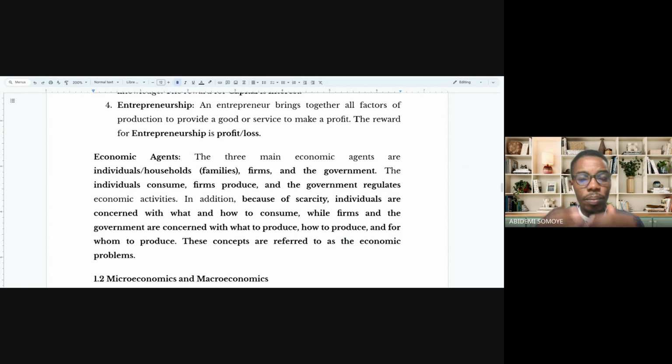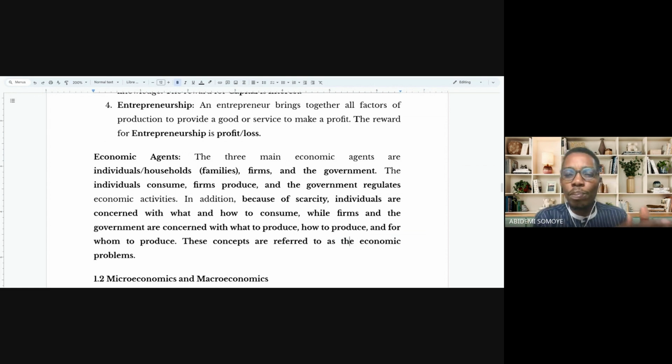I'm sure you've also heard about the concept of economic problems. It is simply asking, what are governments and firms consistently thinking about? What do we need to produce that the people need?